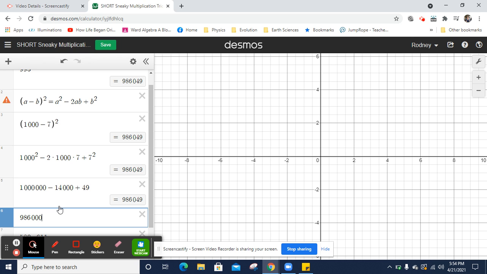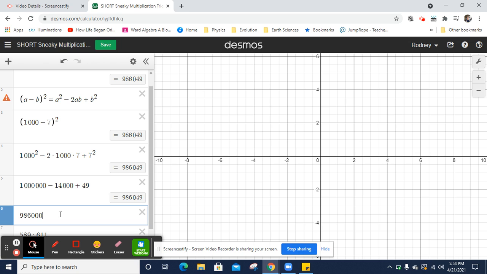There, I fixed that. And actually there's a pretty good clue that I was right to fix that. And I'm going to add 49 to that. So adding 49 just means I put 49 in for the last two digits. And there it is, 986,049.